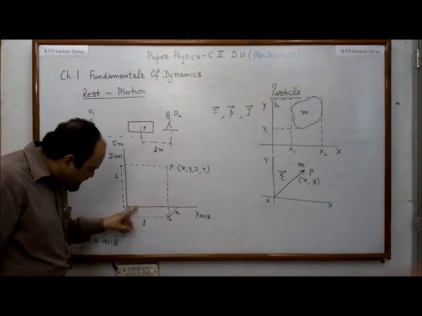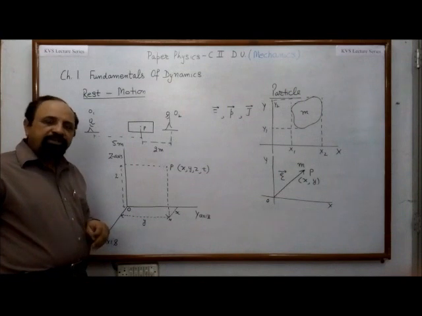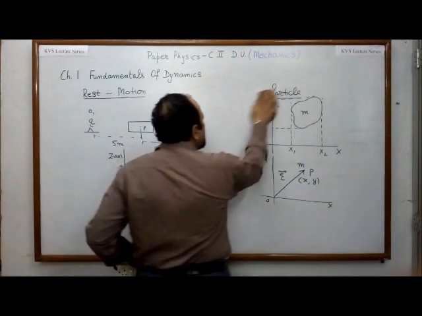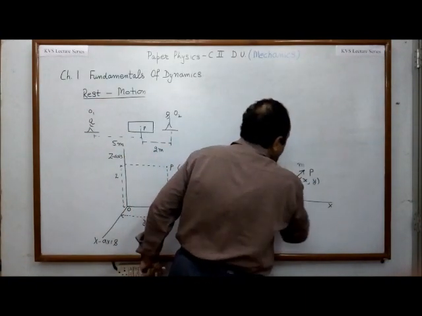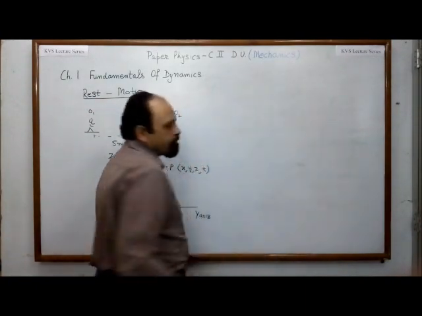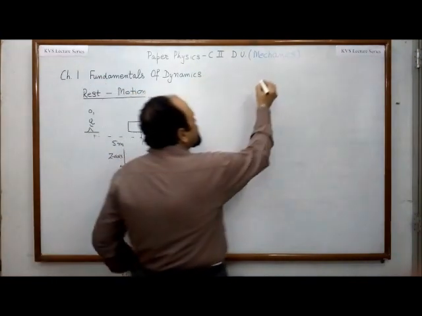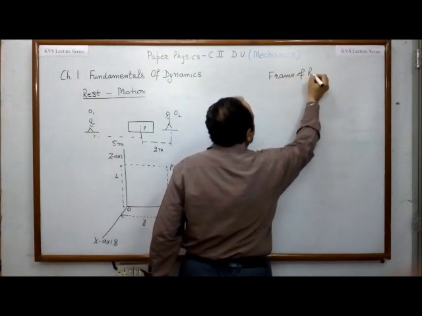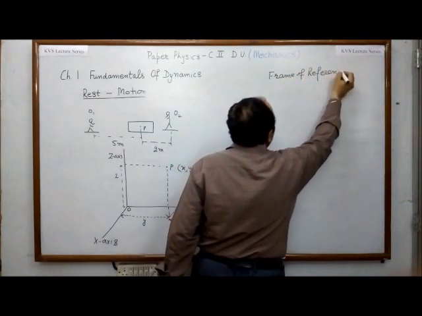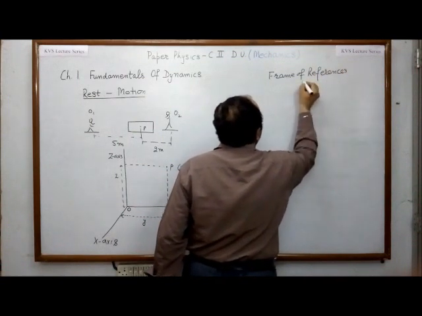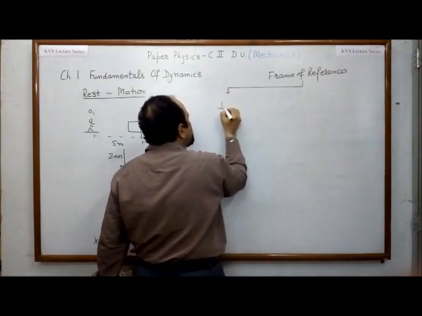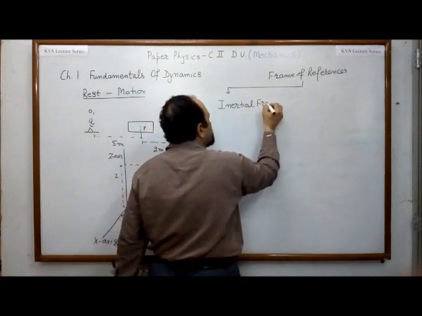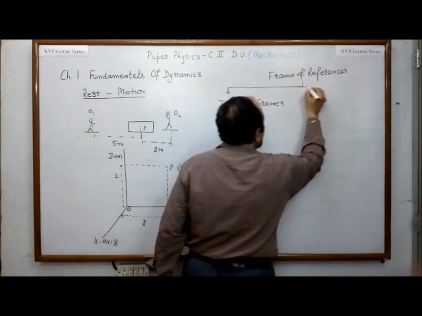But depending upon the status of this origin, there is a classification for frames of reference. Basically, there are two types: inertial frames and non-inertial frames.